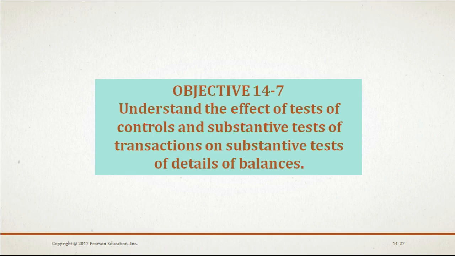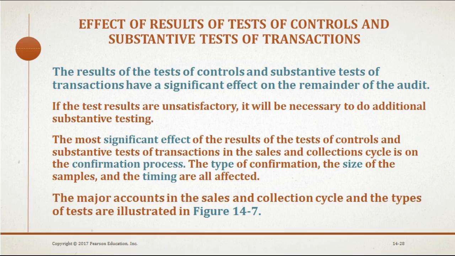Moving on, we will cover the effect of tests of controls and substantive tests of transactions on substantive tests of details of balances. The results of the tests of controls and substantive tests of transactions have a significant effect on the remainder of the audit. If the test results are unsatisfactory, it will be necessary to do additional substantive testing.